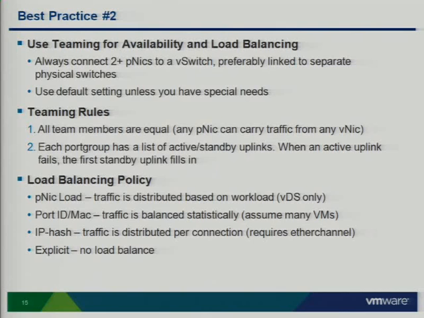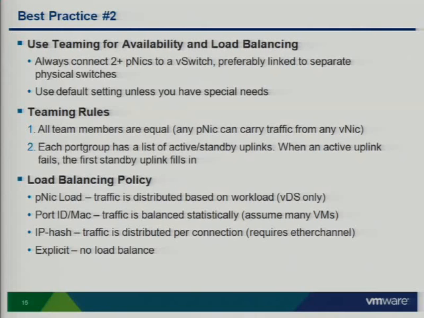The first thing is all team members, that is all the physical adapters, are equal. You cannot have a physical adapter that's trunked with VLAN 10 and the other one that's trunked with VLAN 20 and form a team, because they are not a team. If you have VLAN 10 traffic going through one pNic, it's not going to be able to go through the other pNic.